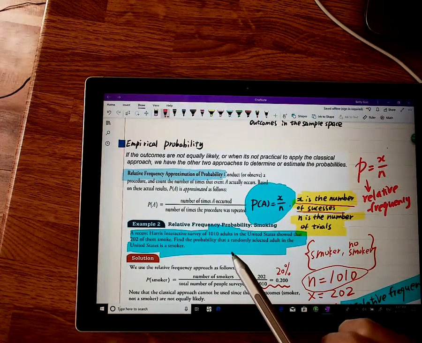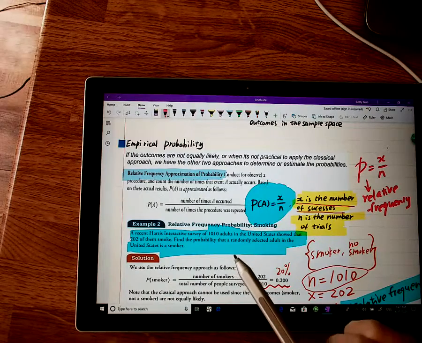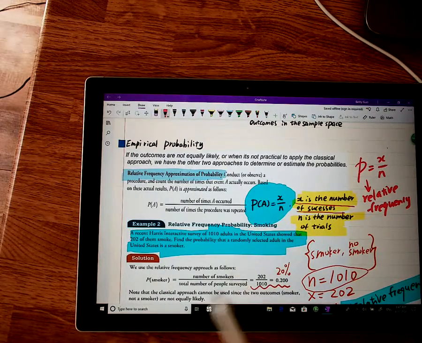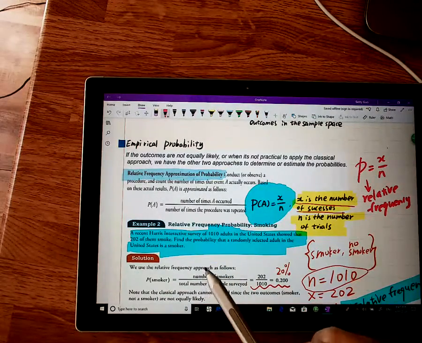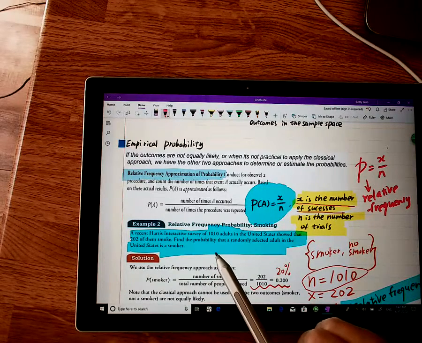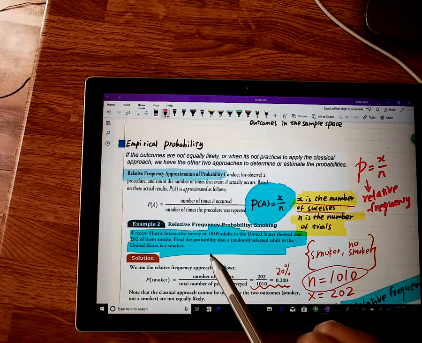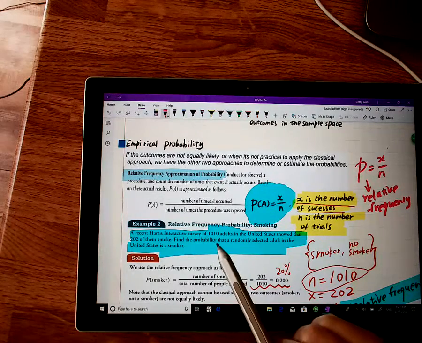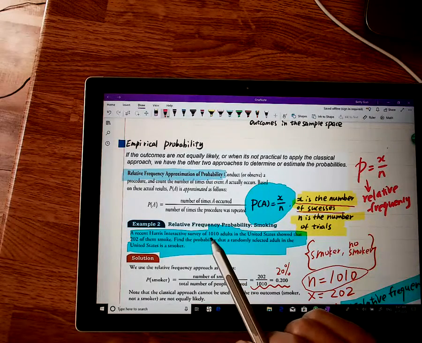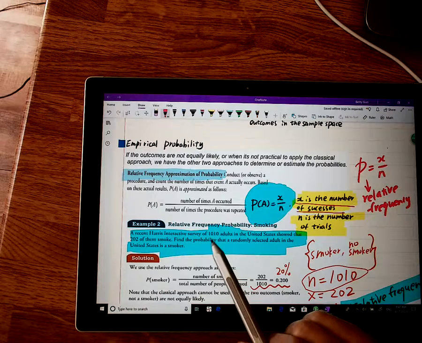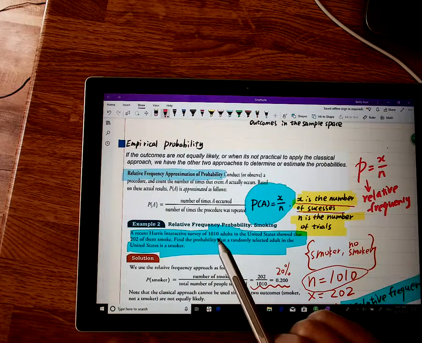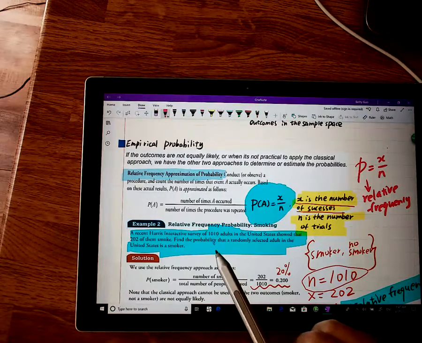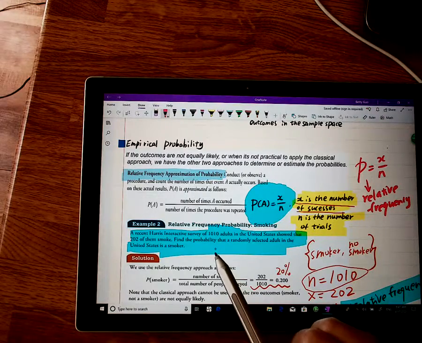What kind of procedure is the research applying? You can understand the experiment as you randomly select a person from the sample. You randomly select a person from the 1,010 adults. How's that sound? It's a simple experiment, right?